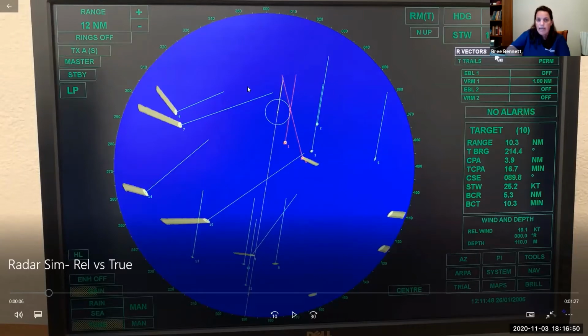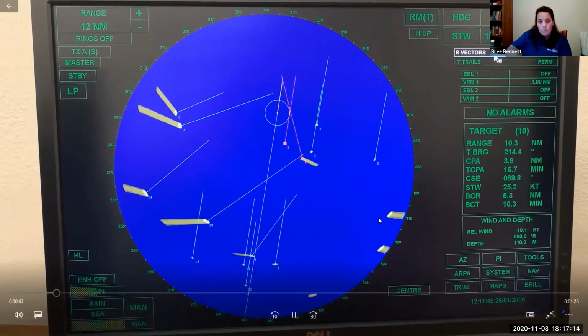This guy's also going to pass behind us. These ones here that don't have any history are actually not moving, so their relative motion is going to be opposite our course and speed, because it's going to pass right along our side. So this is the relative motion.